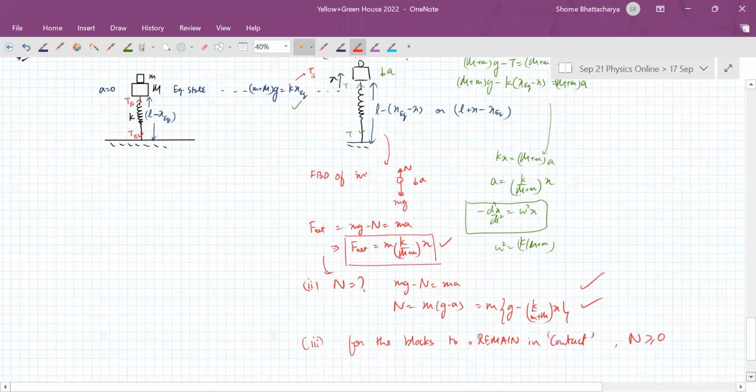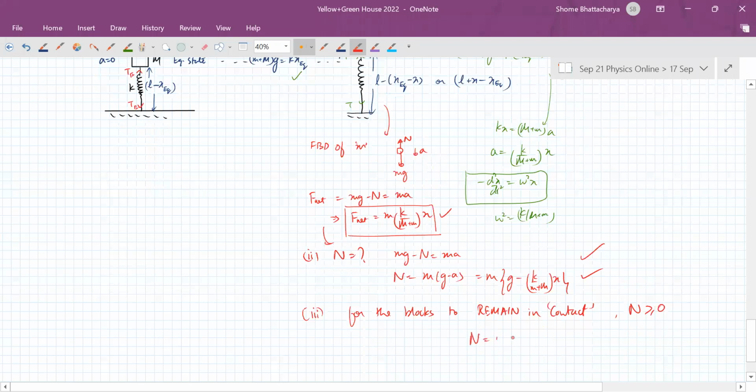So now from this expression you can see that N is like this now. So N is minimum at x equal to A, that is the amplitude above equilibrium position.